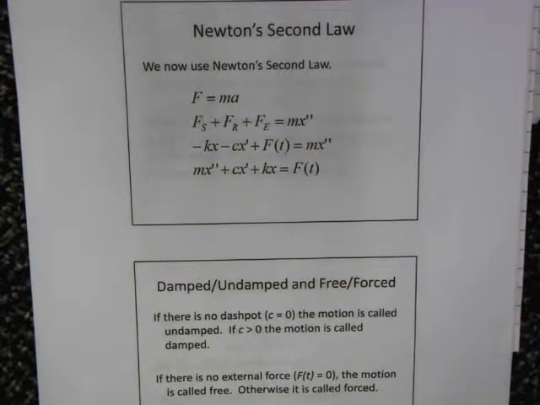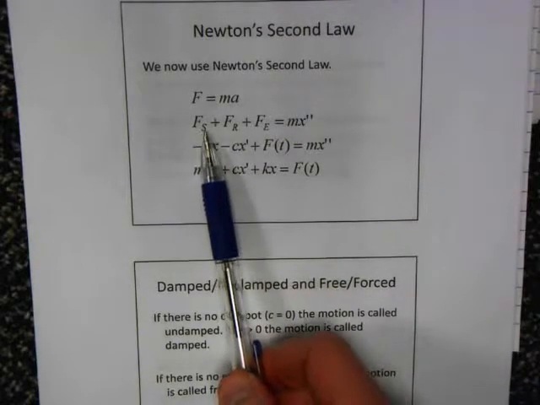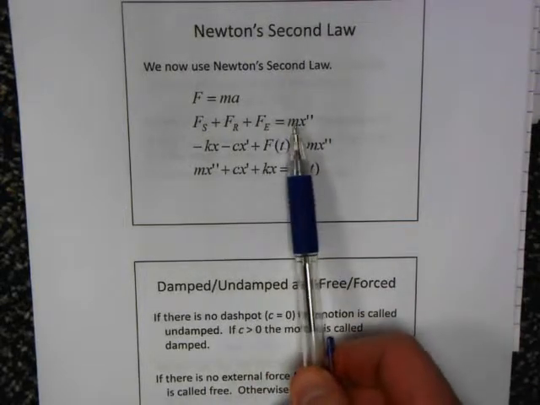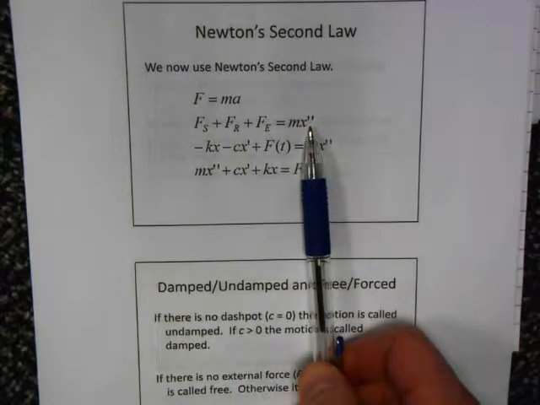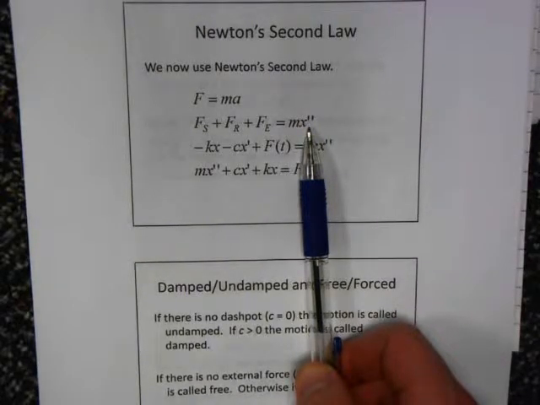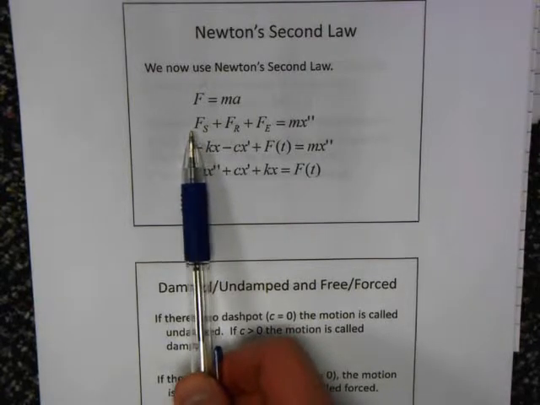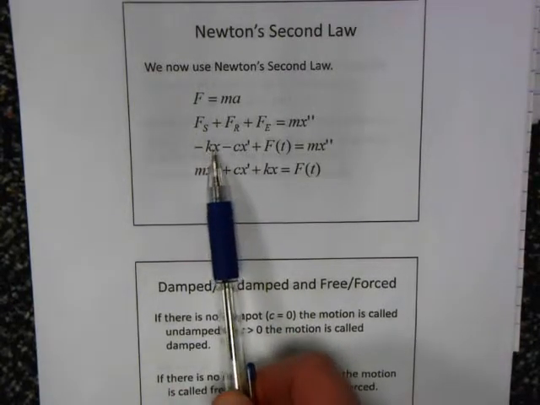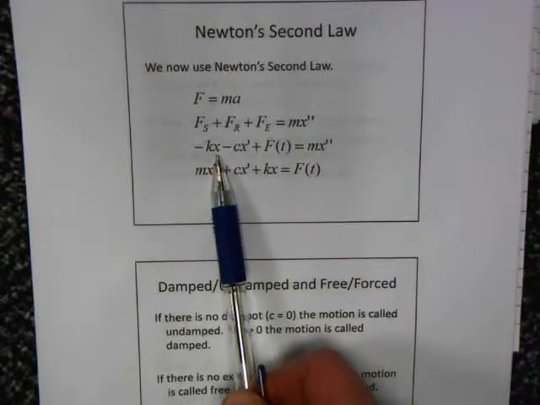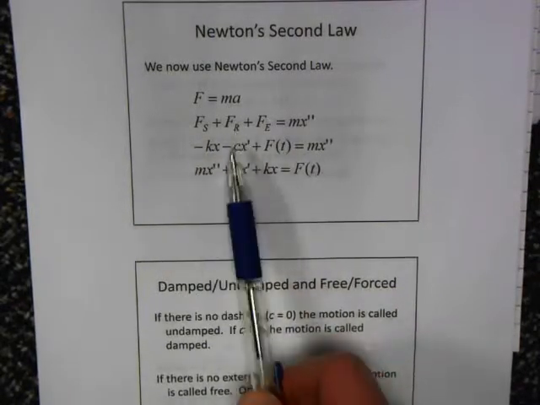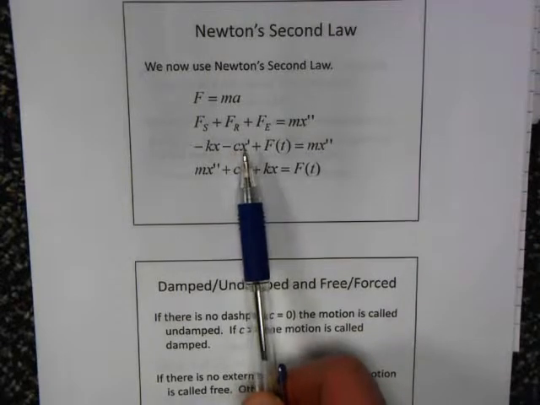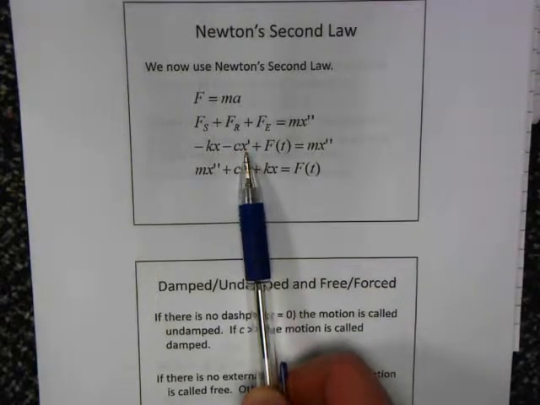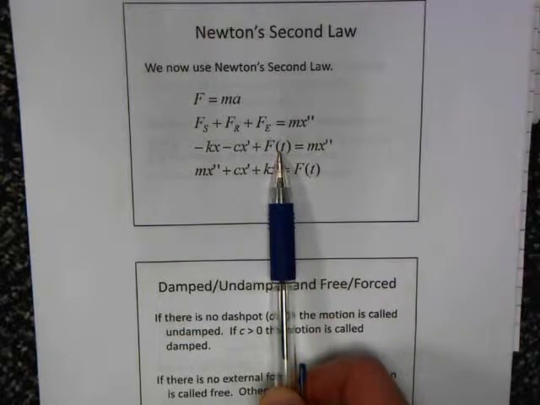We now use Newton's second law of motion. F equals ma. So we add up our three forces, spring, resistance, external, and we get mass times x double prime. What's x double prime? Acceleration. That's the second derivative of position. But you might remember that F sub s was opposite from position, and F sub r was proportional to the velocity, which is of course the first derivative, and then we had this external force.